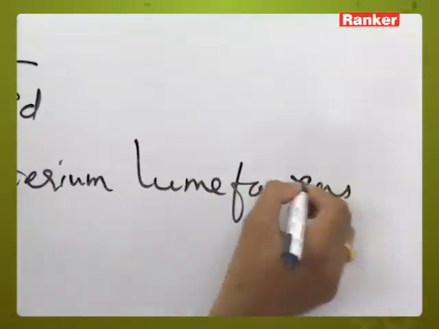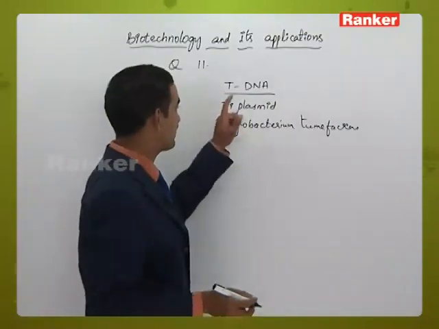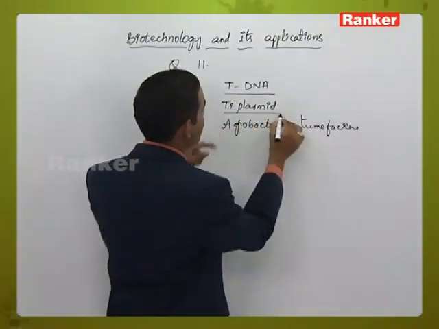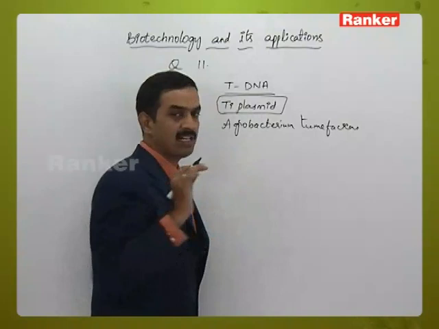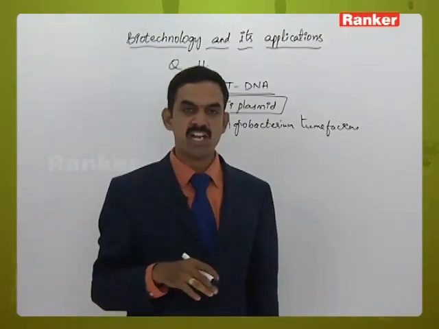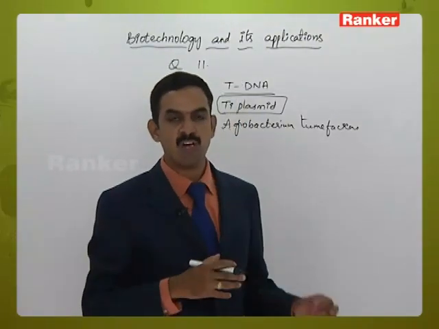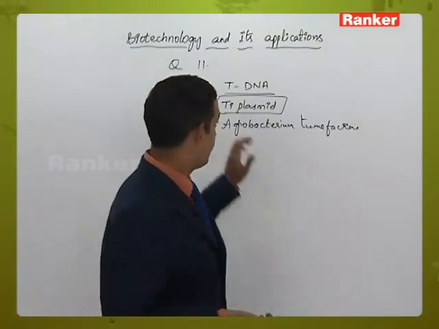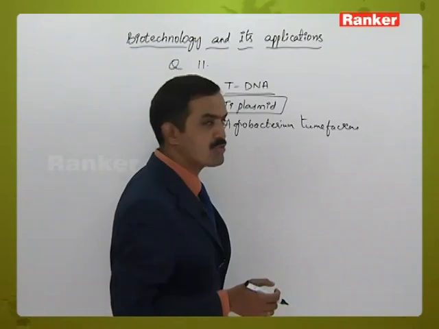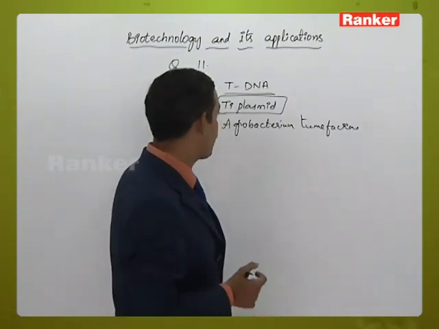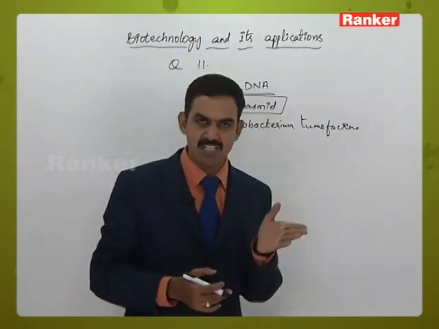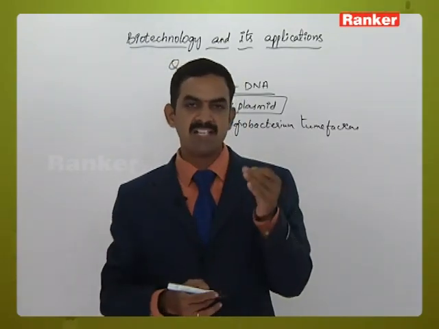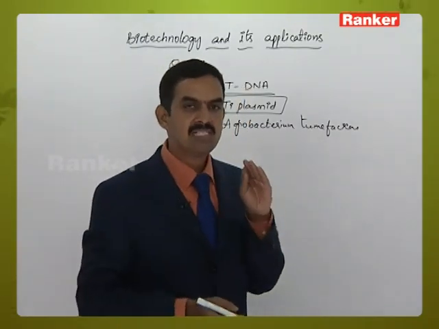And already we have studied in the earlier part of our lessons that Ti plasmid is a natural plasmid, or natural vector, which is used in the genetic engineering process for transfer of desirable genes from one organism to the other organism. But as we know, it's a tumor inducing plasmid. So this ability of tumor inducing, it's a pathogenic nature, can be prevented by a process called the disarming process.